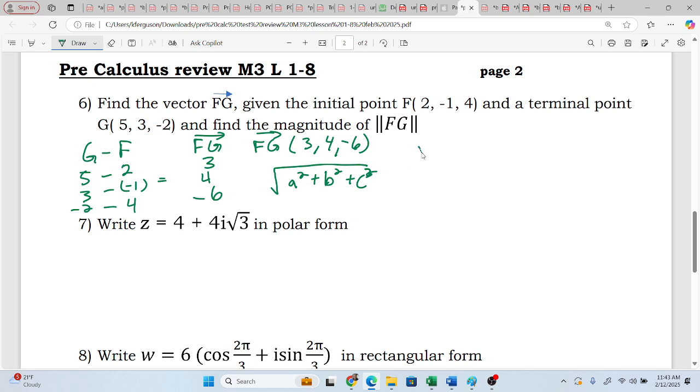So the magnitude of FG is going to be the square root of 3 to the second power plus 4 to the second power plus a negative 6 to the second power. So that's going to be what? 9 plus 16 plus, no, it's going to be 36. Because remember, when you got a negative number and you take it to the second power, it's a negative 6 times a negative 6, so the negative cancels off.